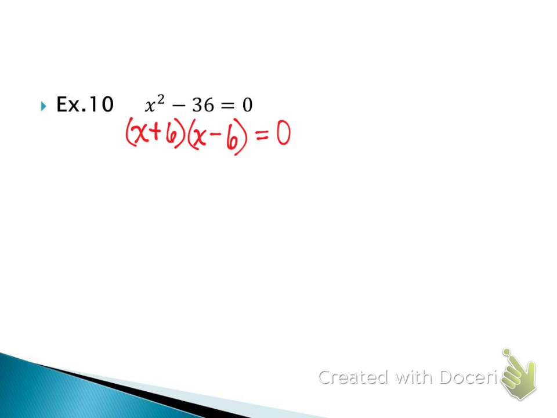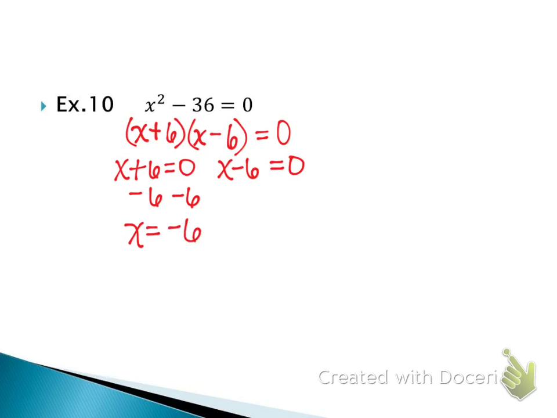What are my 2 equations? Good. Each factor gets set equal to 0. Now that I wrote my equations, what can I do? Solve them. How am I solving the first one? X equals -6.